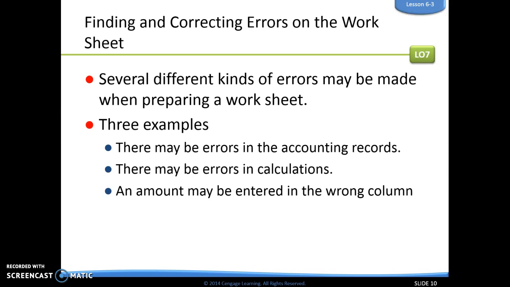If that doesn't work, we're going to again look at the difference. This time we're going to divide it by 9 and see if it can be evenly divided by 9. If it can be evenly divided by 9, we're going to look to see if we have any transposed numbers. A transposed number means, like, instead of writing 54, we wrote 45.